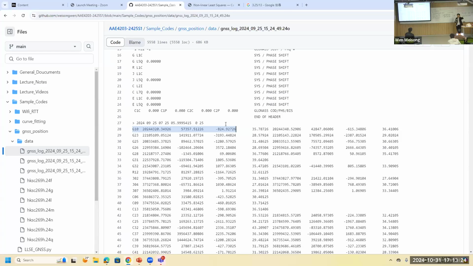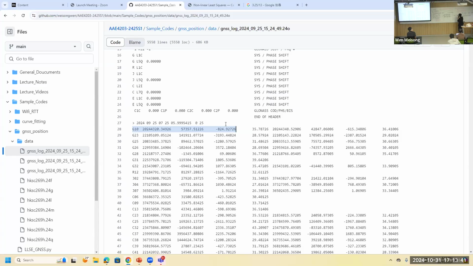That is giving the frequency. So the change of the frequency from the satellite to the receiver, this is the data frequency of the GPS signal transmitted and received by the receivers.